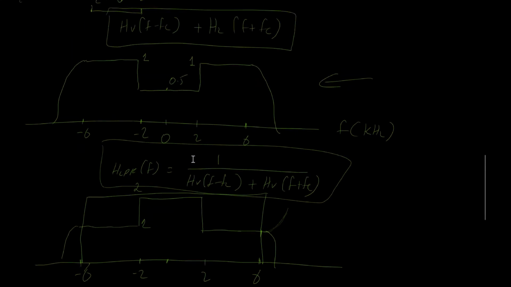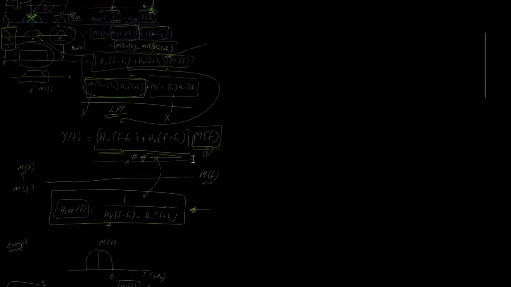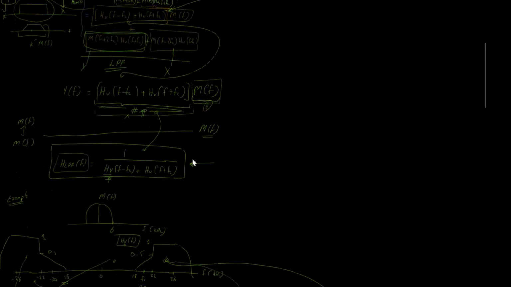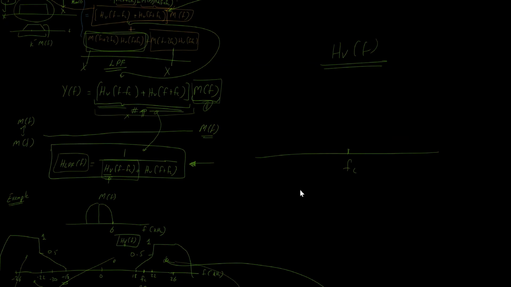Note that your filter which you have used at the transmit side, which is this filter, right? So this H_V of f is actually following a characteristic, and that characteristic is that if this is our carrier frequency fc and this is fc minus fv, fc plus fv, we have the spectra of this shape on the transmit side.